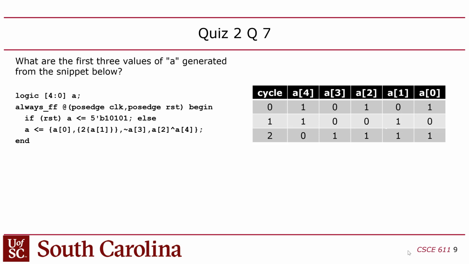So A bit 1 is 1, so 1, 1, right? So that 1 gets duplicated, those on bits A3 down to A2. And then complement A3, so that 0 gets complemented and becomes a 1 there. And then we XOR bit 2 and bit 4. So 2 and 4, 1 XOR 0 is 1. You see how I did that?